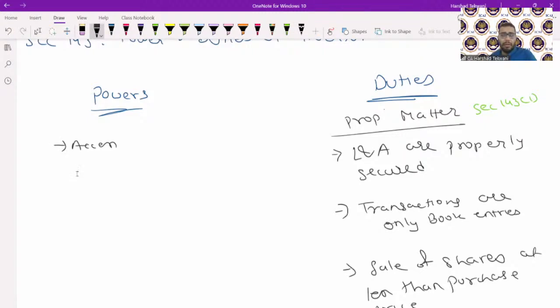Access at all times, remember, at all times, to books and information. The auditor requires access to the books of account and all information and explanation from the officers, so that the auditor can verify all these proprietary matters.